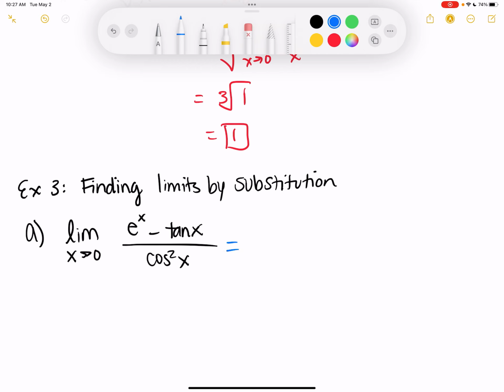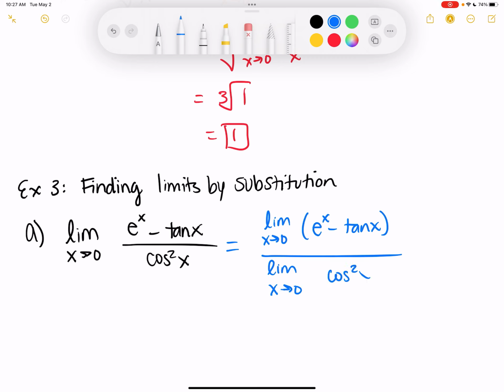Okay, so I have the limit of a fraction, so I can write the limit of the top over the limit of the bottom. So the limit as x approaches 0 of e to the x minus tangent of x over the limit as x approaches 0 of cosine squared of x. So that's the quotient rule.